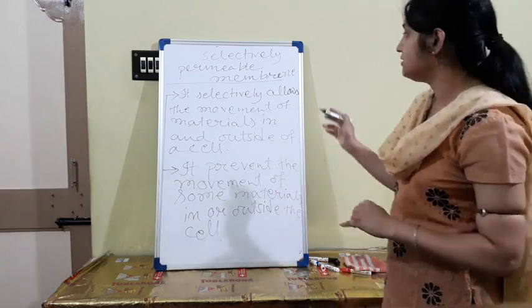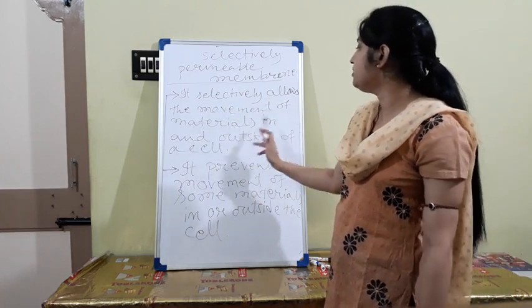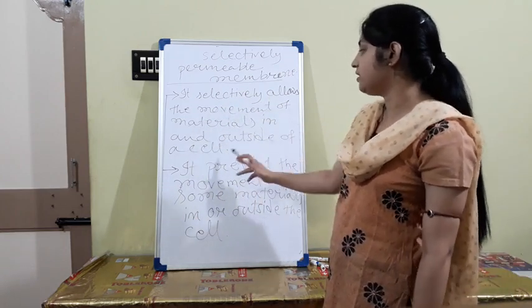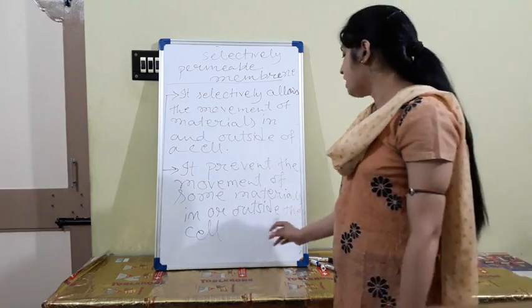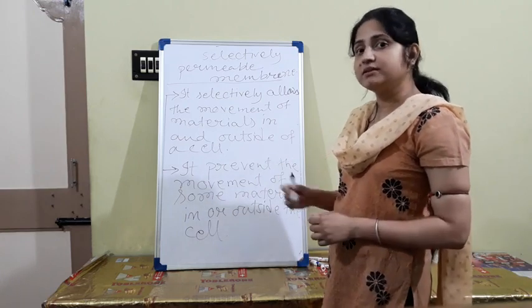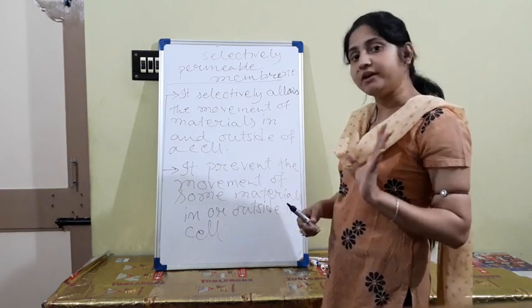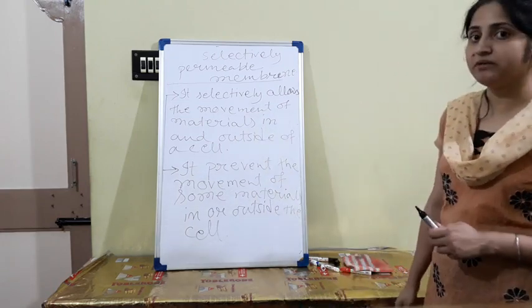It selectively allows the movement of materials in and outside of a cell, and it prevents the movement of some materials, obviously those which would be harmful for the cell. For that reason it is called a selectively permeable membrane.